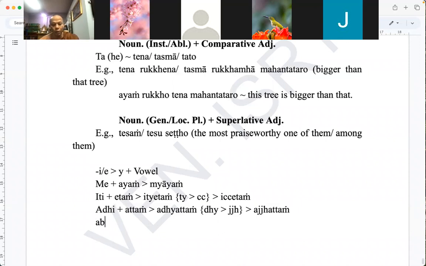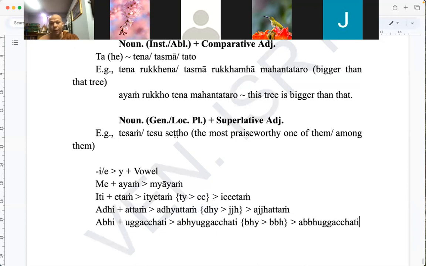The same way, a b and then oga chati. Okay. So firstly it is changed to ya. So abia oga chati. Okay. And then here the triple double consonant baya changes to baba. So in this way we have abo gachati.